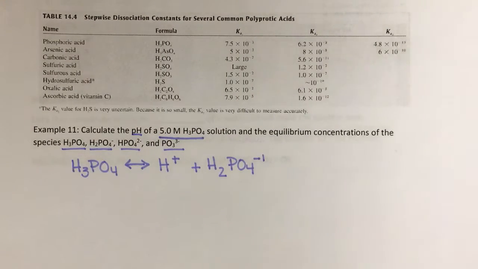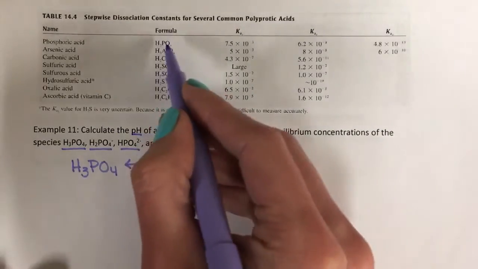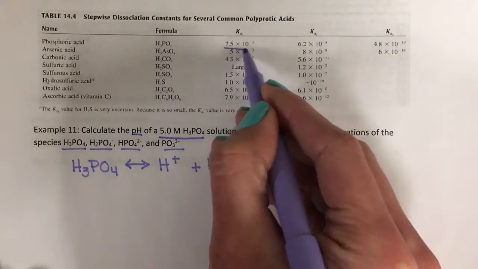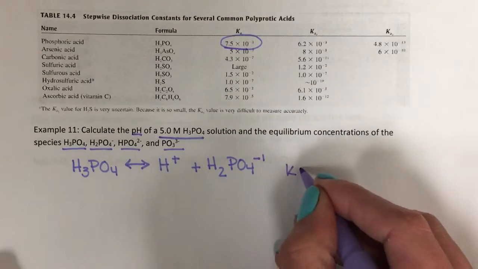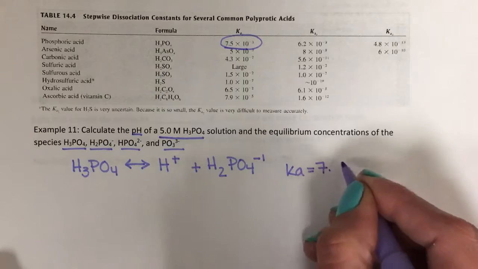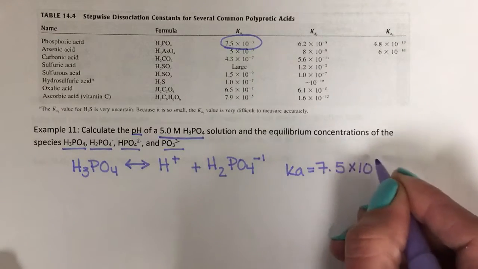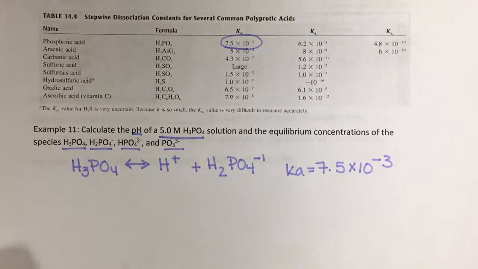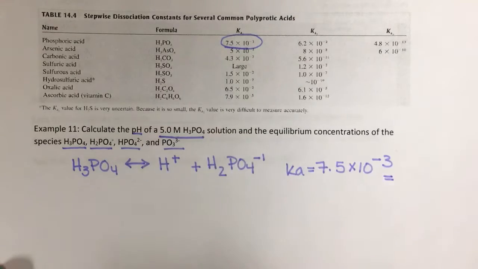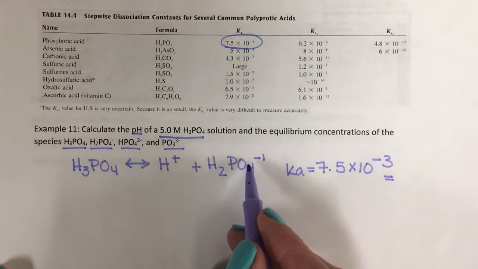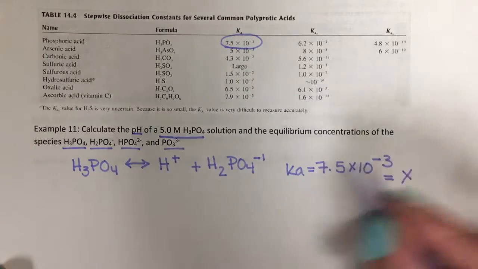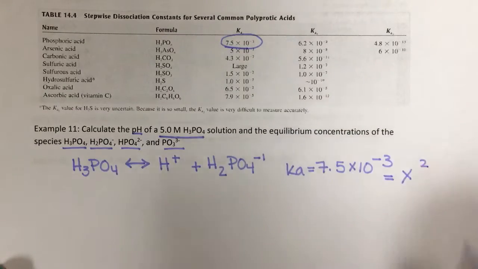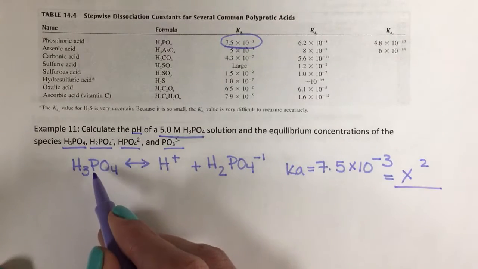Okay? Now, if I look at the table for phosphoric acid, I know that the first Ka is 7.5 times 10 to the negative third. I know that that's equal to the concentration of my products, which I don't know, so I'm going to say both of those are x. So x times x is x squared, over the concentration of my reactants.